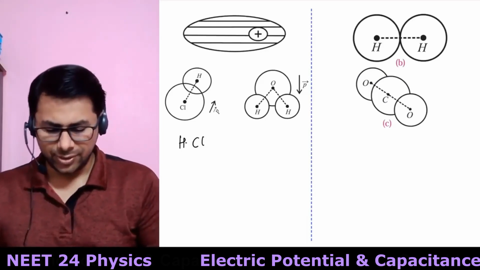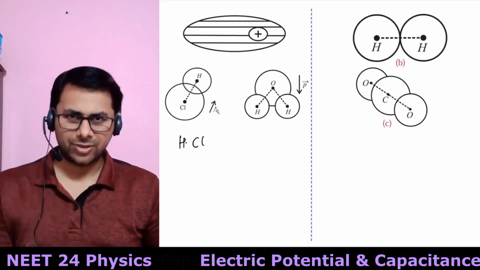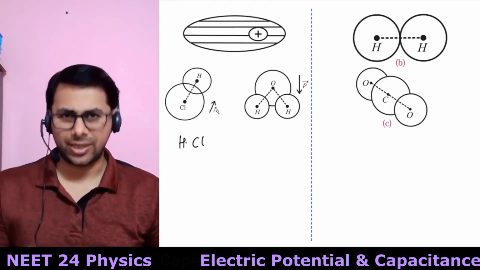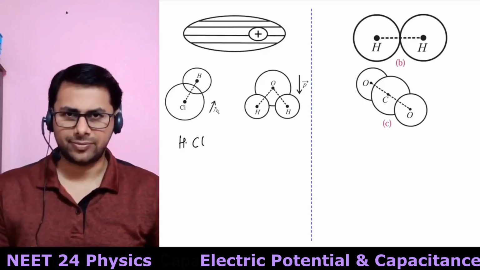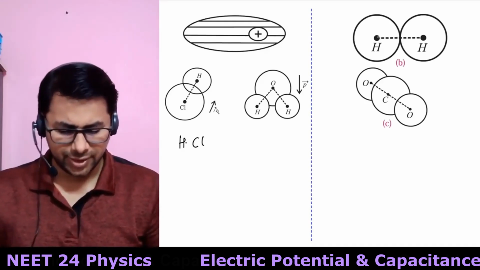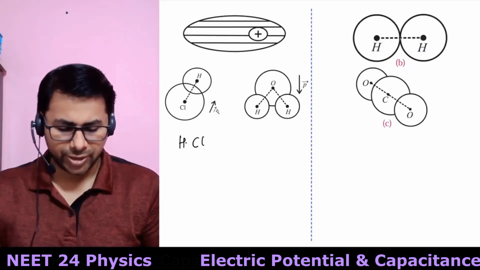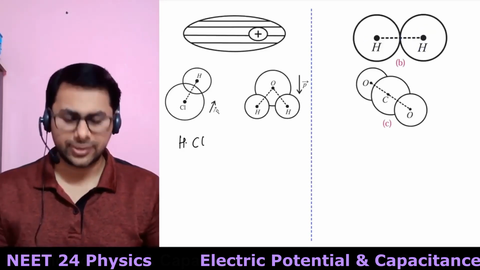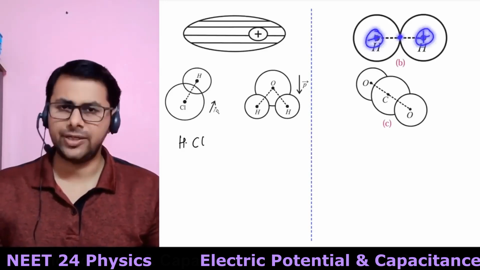The definition goes like this: if the center of mass of positive charge and the center of mass of negative charge are the same, then it is non-polar. See here, if you consider the nucleus of this one and the nucleus of this one, what is the center of mass of the positive charges? It is the proton, this proton and this proton, so it's here.